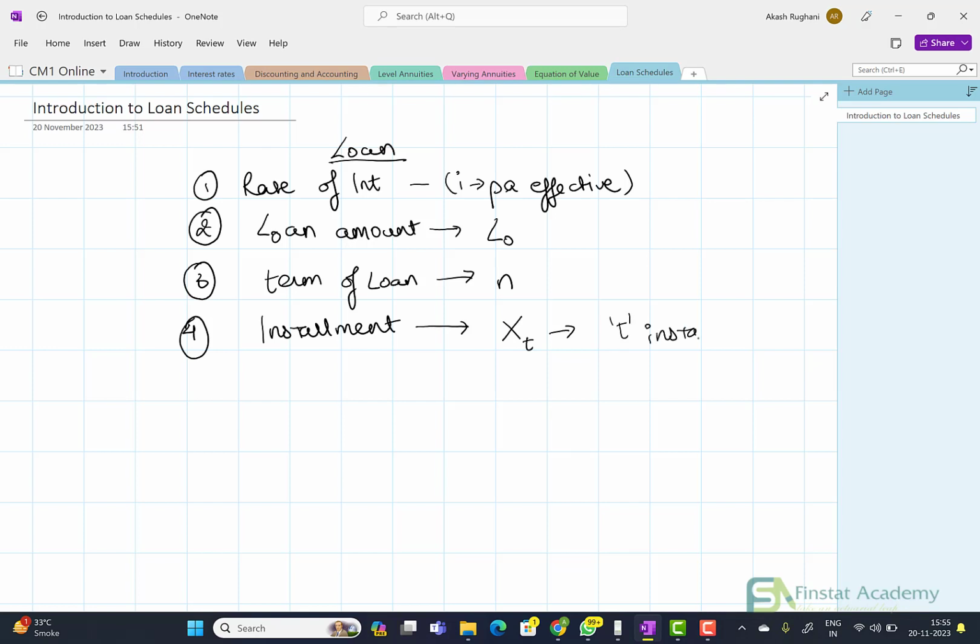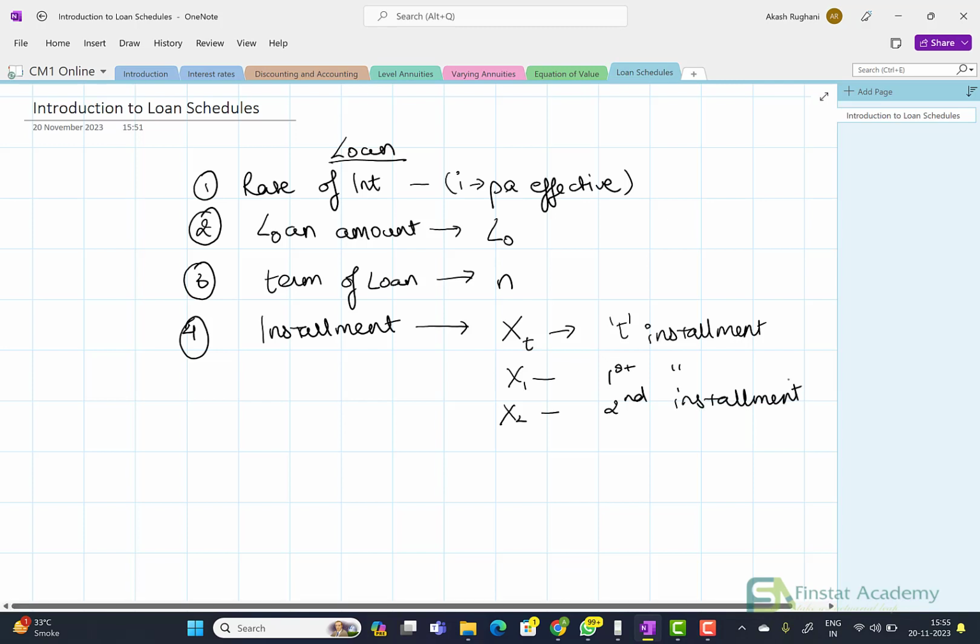So X1 basically means the first installment. If I write X2, I'm referring to the second installment, and so on. Generally the subscript will not be of importance if the installment is the same, but I want to continue with the notation throughout.